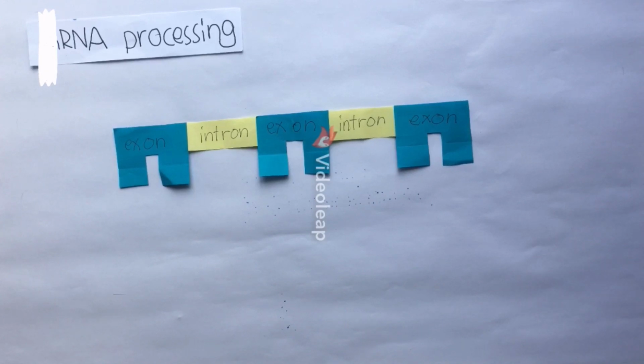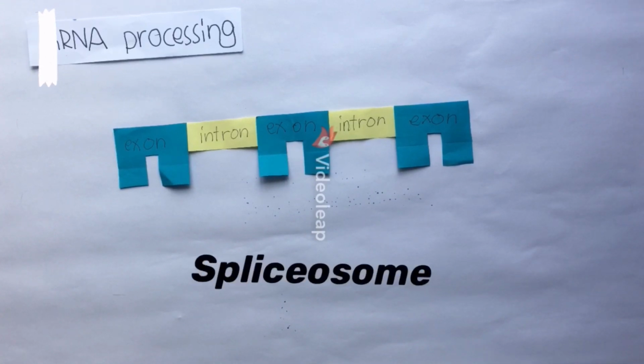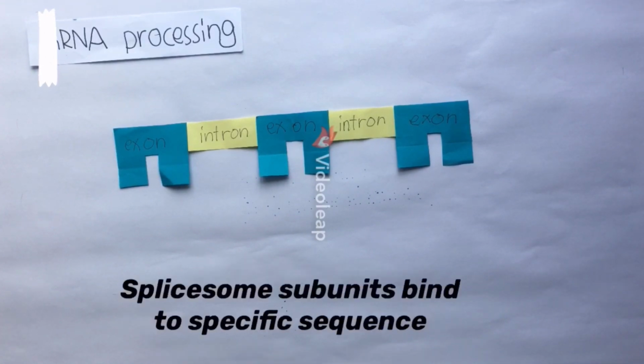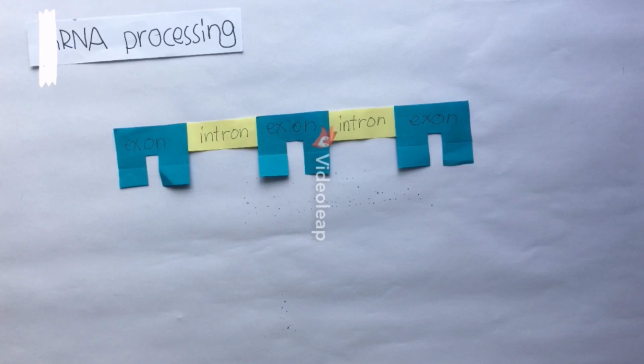Introns are precisely removed from eukaryotic pre-mRNA by a large complex called the spliceosome. Spliceosome subunits bind to specific sequences. This binding causes the intron to loop outward, which brings the two exons close together. The spliceosome excises the introns and ligates the exons.